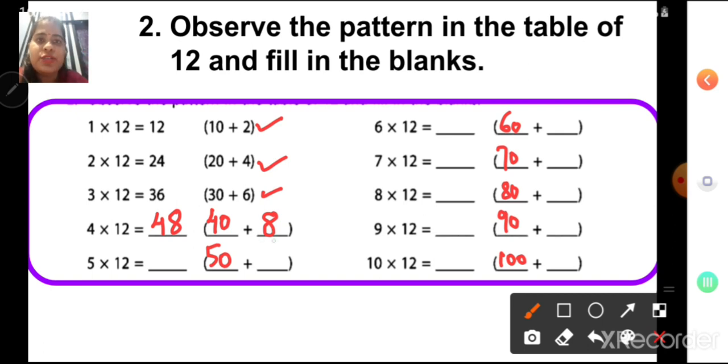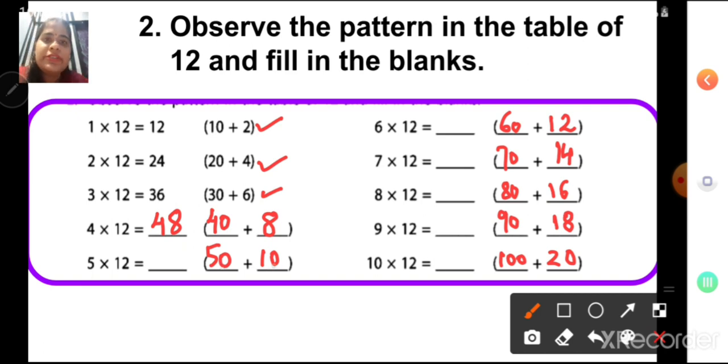So 8 plus 2, 10. Then 10 plus 2 will be 12. 12 plus 2, 14. 14 plus 2, 16. 16 plus 2, 18. And 18 plus 2 will be 20. Okay. Now let us write the answer.